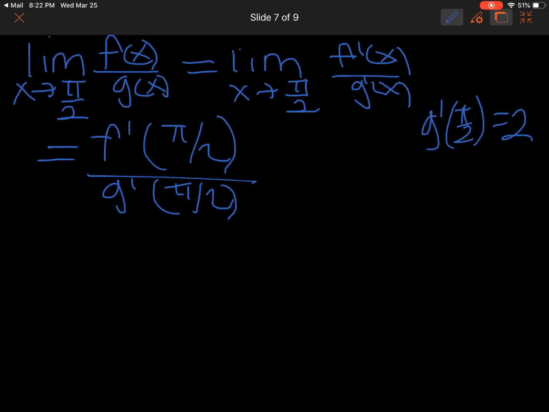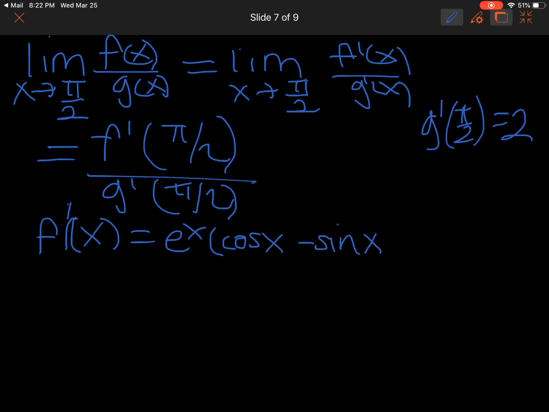Now we just have to evaluate f prime of pi over 2. So if you recall from part B, the derivative of f was e to the x times cosine of x minus sine of x. All right. So now, let's just plug it in.